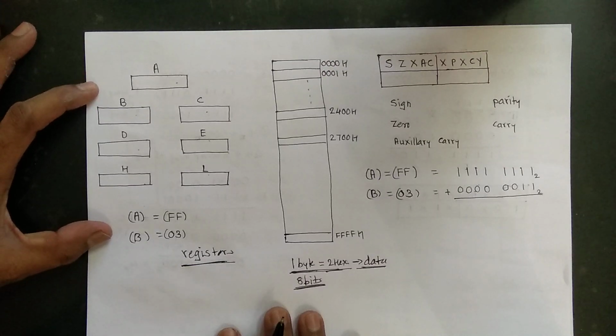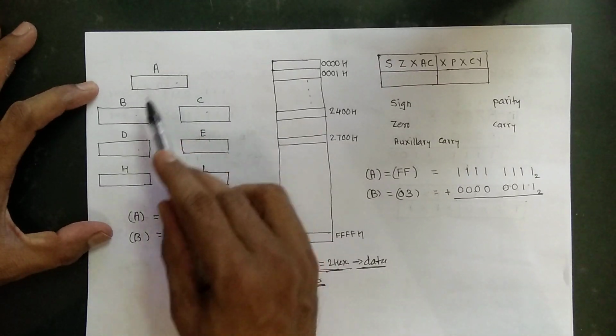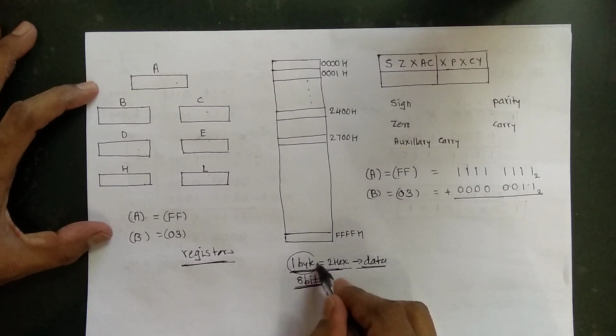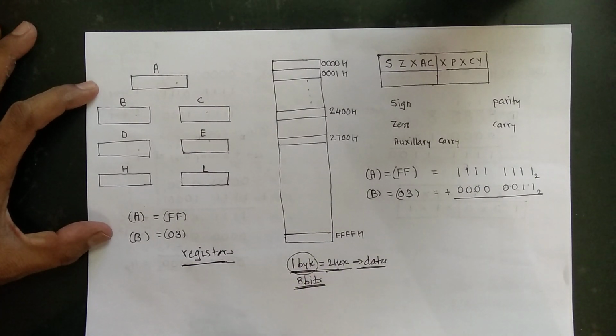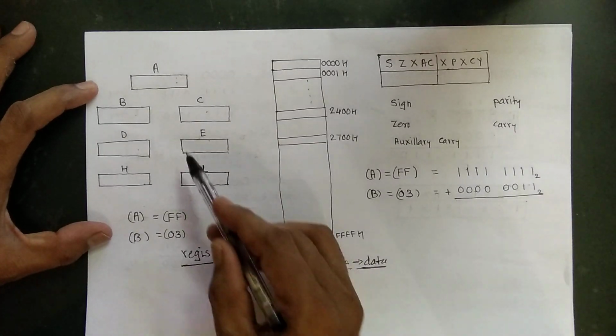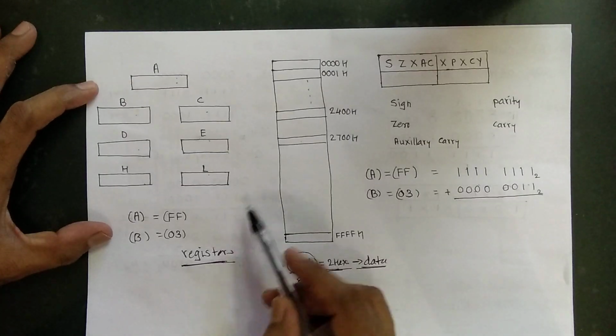These registers A, B, C, D, E, H, L hold 1 byte number. We can transfer data from register to register, or register to memory, or from memory to register.